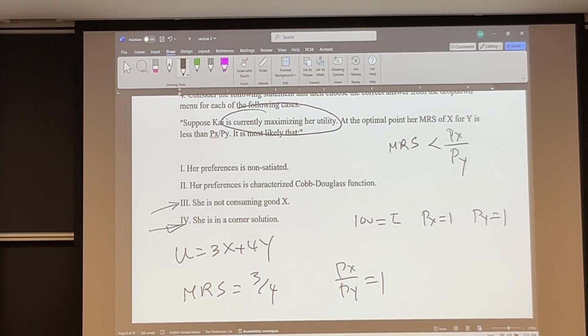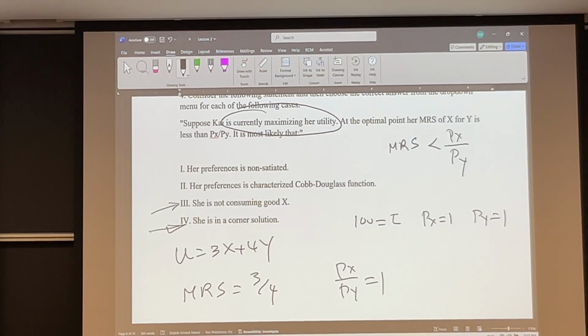He spent all his money on Y, because he cannot do any better. He doesn't like X, but the minimum he can buy is 0. Make sense? Even at that point, he cannot satisfy the tangency condition.